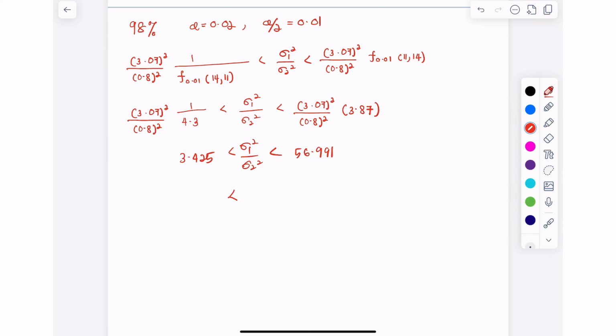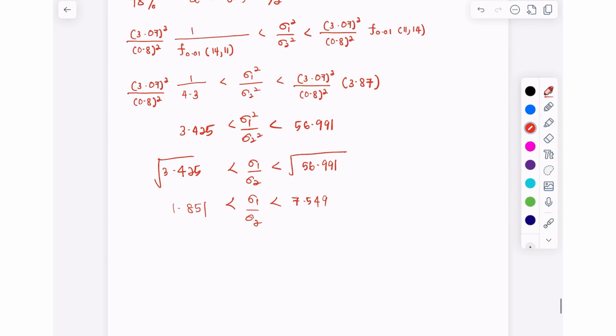If you take the square root of 3.425, and of 56.991, you get the ratio sigma 1 divided by sigma 2 for the standard deviation: 7.549 and 1.851.